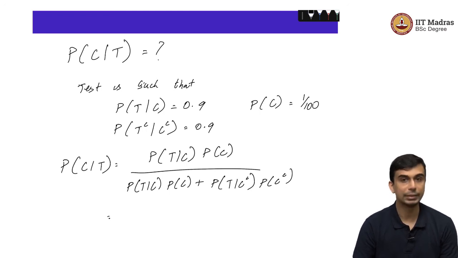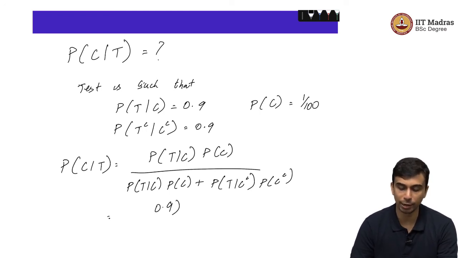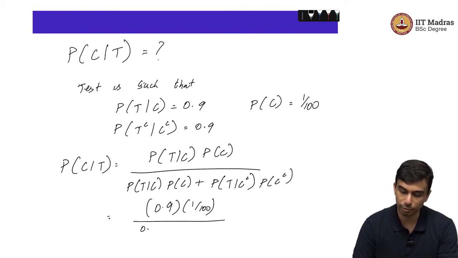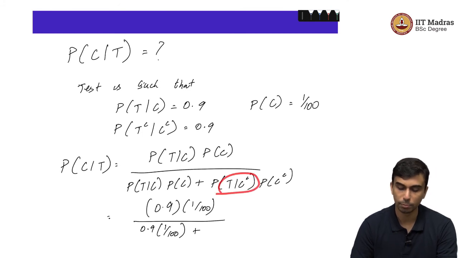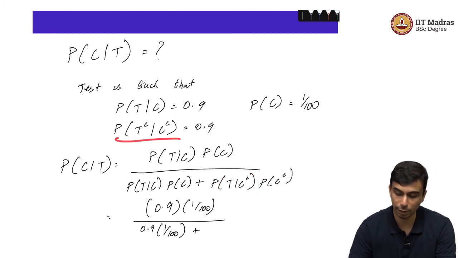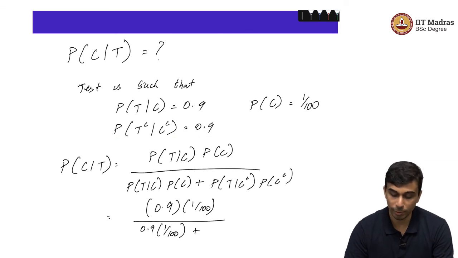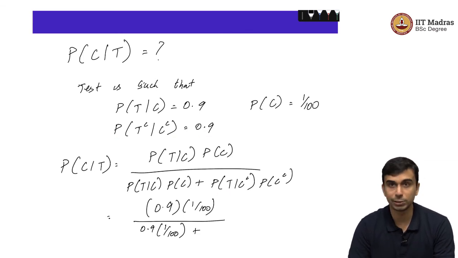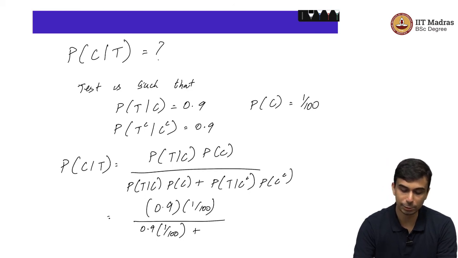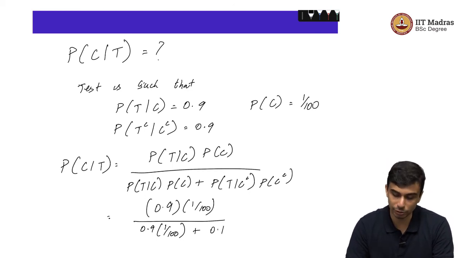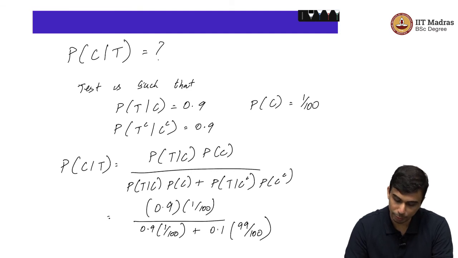Every one of these numbers is known, in the numerator and denominator. Probability of T given C is 0.9 into 1 by 100, divided by 0.9 into 1 by 100, plus probability of T given C complement. Given that probability of T complement given C complement is 0.9, probability of T given C complement is simply 1 minus 0.9, which is equal to 0.1. And probability of C complement is simply 99 by 100.